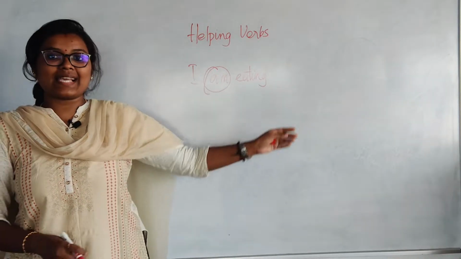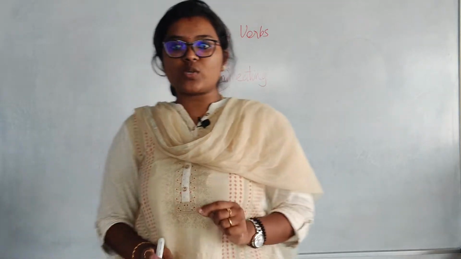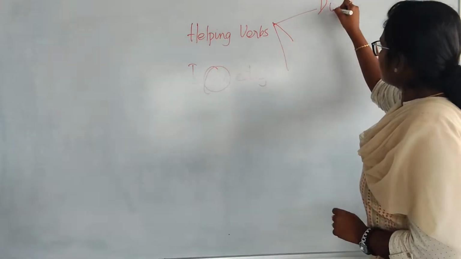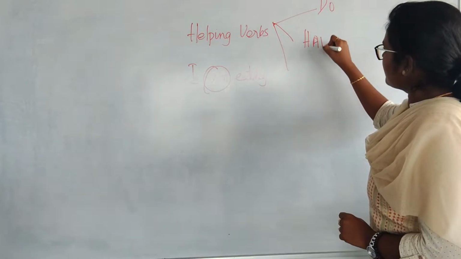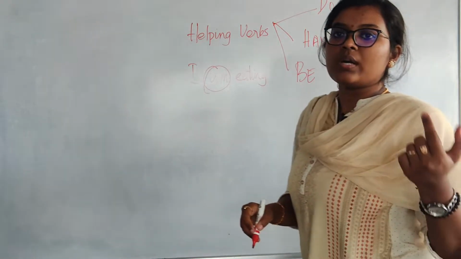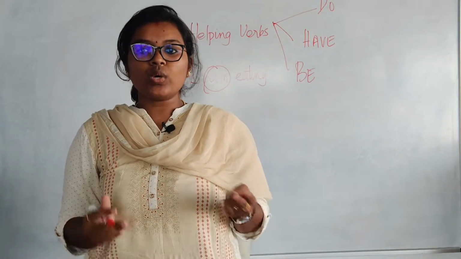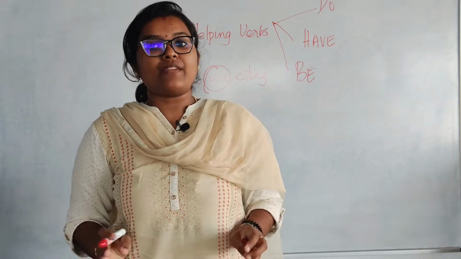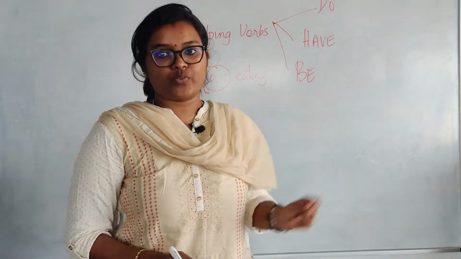Now, if we look at these helping verbs, there are three different forms of helping verbs: do, have, and be. First, we will look at the do form.